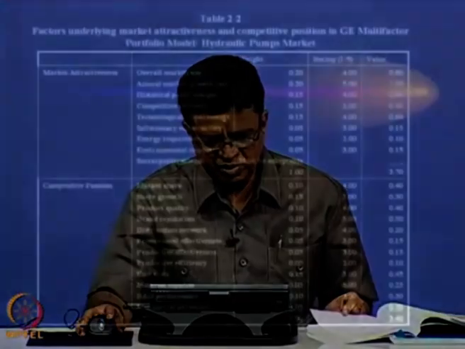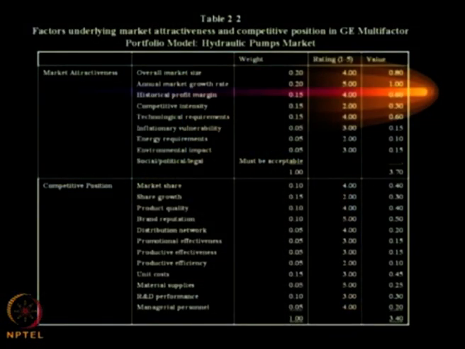I have given in this particular table with respect to the G matrix only, the hydraulic pump market: what were the attractiveness factors, what were the factors for competitive position, what can be the weightage, the rating going from 1 to 5, and what this company's business unit, that is the hydraulic pumps market, got.